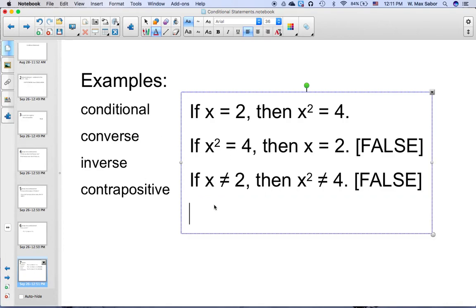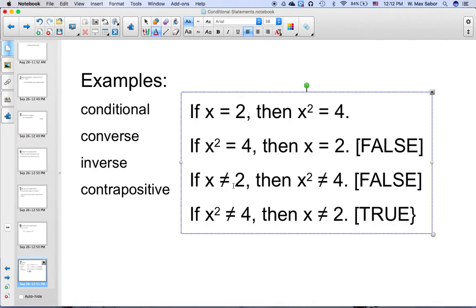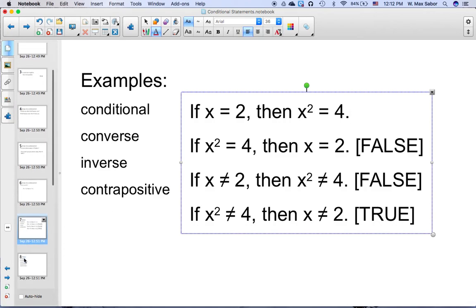And then the contrapositive, fun word, contrapositive is when you do both. You switch the order of the statements and make them negative. So if x squared is not equal to 4, then x is not equal to 2. And this one happens to be true. So this is the idea of contrapositive.